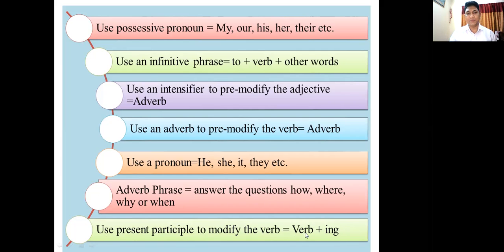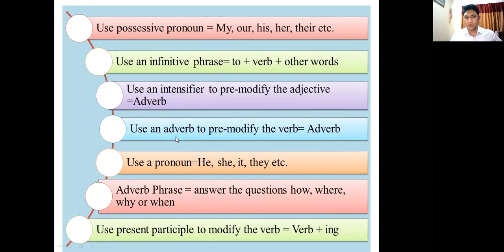Okay. I repeat, when you are asked to use possessive pronoun, you have to use appropriate possessive pronoun. When you are asked to use an infinitive phrase, you have to write to plus verb plus other words. If you are asked to use intensifier, you have to use appropriate adverb.